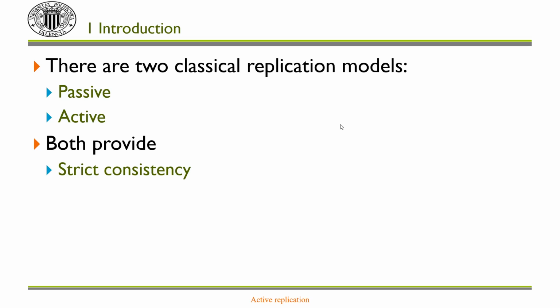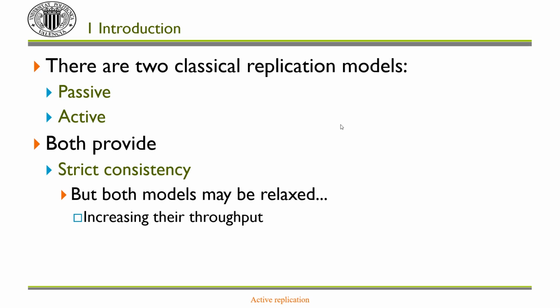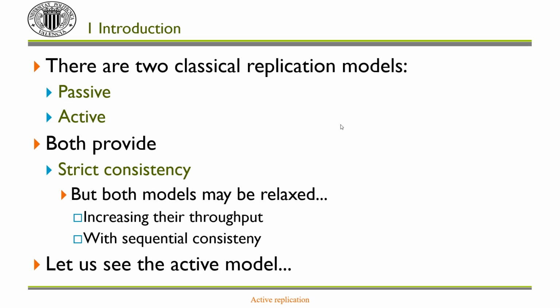Both models are able to provide strict consistency. However, both models may also be relaxed. In those cases, they increase their throughput and they provide sequential consistency. Let us explain the active model.